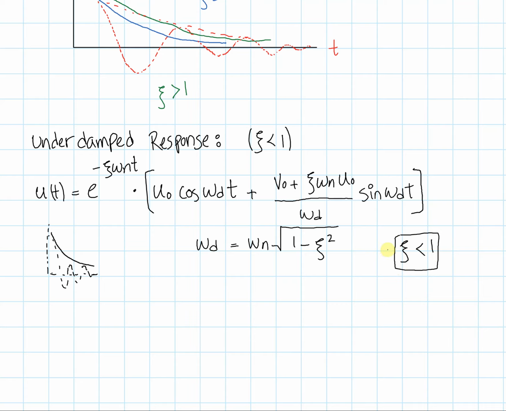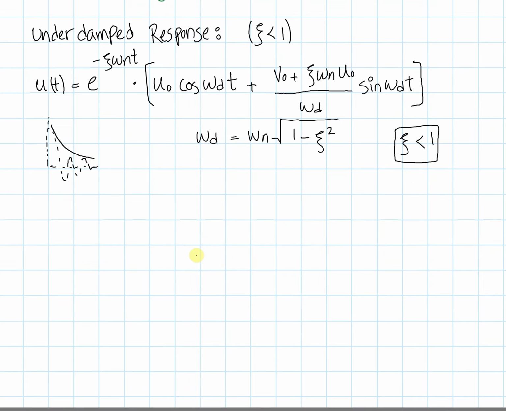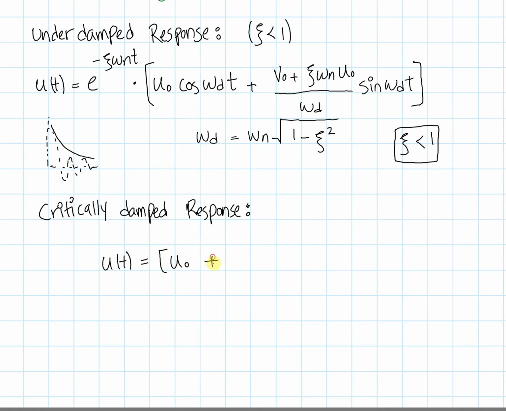Now I could also give you the critically damped response. For the critically damped response, we have a smaller equation that is going to equal u naught plus v naught plus omega n u naught, closing the brackets.